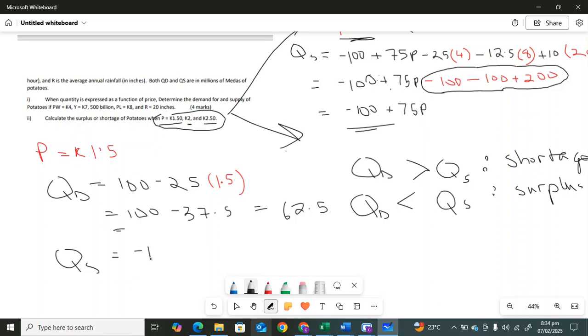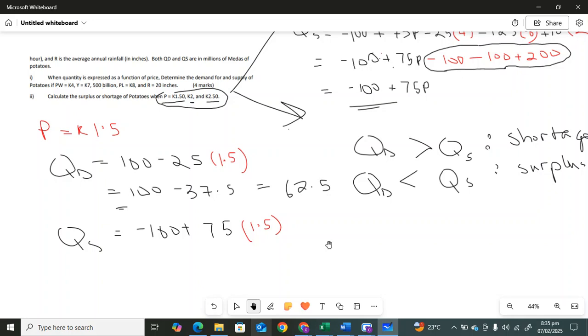So it's negative 100 plus 75, open brackets, 1.5. Is 75 times 1.5, 112.5.